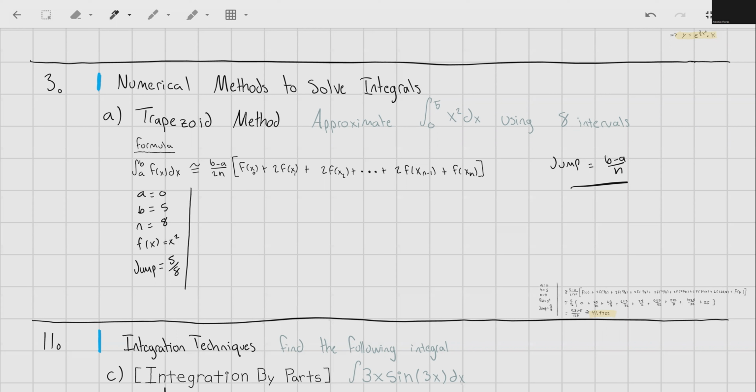Now we just plug in to this part of the formula and solve. So b minus a times 2n is 5 over 16. Then we have f of 0 is the starting interval, which is 0, plus 2 times f of, and the jump is 5/8, so it's going to be 0 plus 5/8, which is just 5/8, plus another 5/8, which is 10/8.